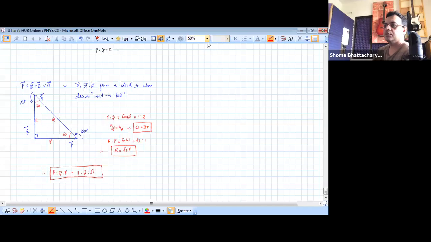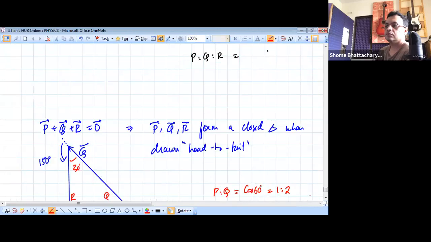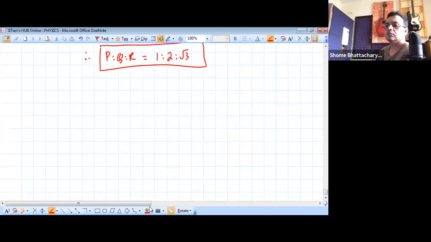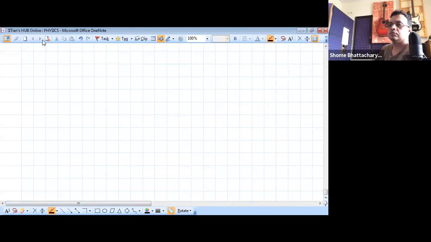Okay, so next up, let's come to question 17 then. So it says two vectors u and v are perpendicular and u is equal to half the magnitude of v.